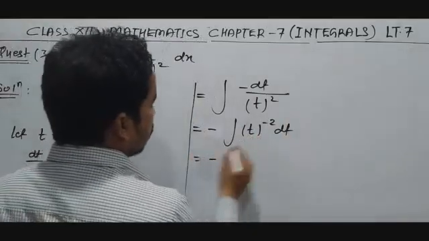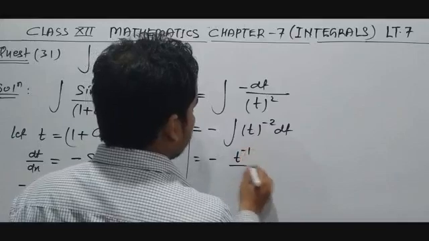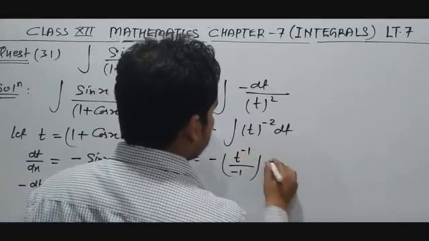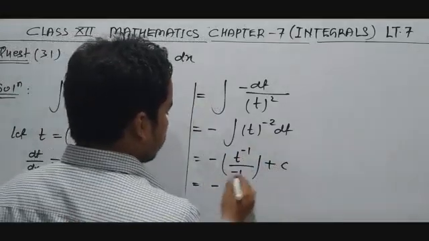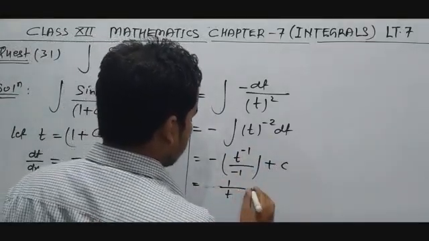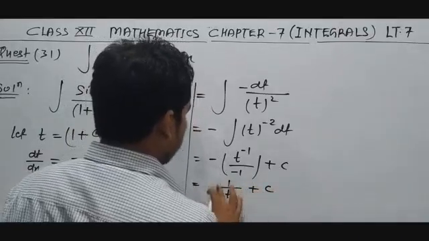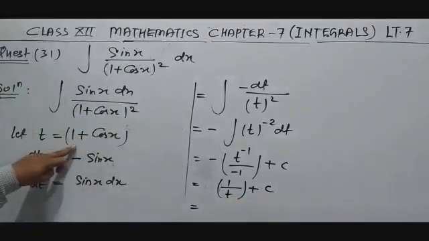and integration of t to the power minus 2 dt is t to the power minus 1 whole upon minus 1, plus c, and minus minus plus, so this will be 1 upon t plus c, and t is 1 plus cos x.